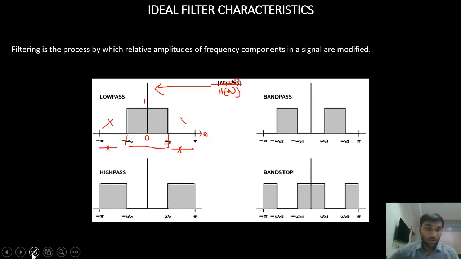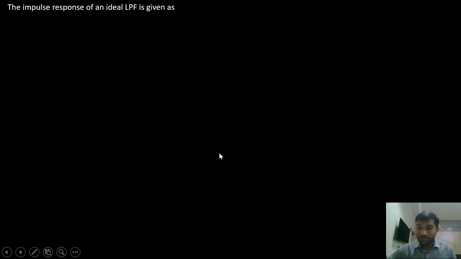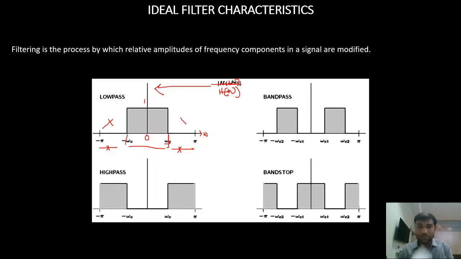Now we'll see how we can write H of omega for the low pass filter, right?